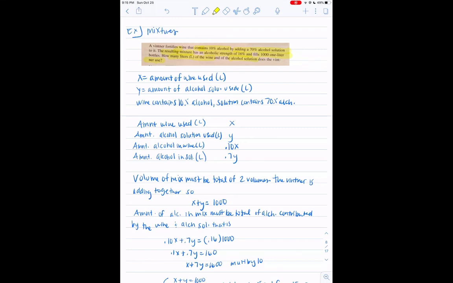Okay, so my unknowns. So I have X equals the amount of wine used in liters. Y equals the amount of alcohol solution used. The wine contains 10% alcohol, and then the solution contains 70% alcohol.